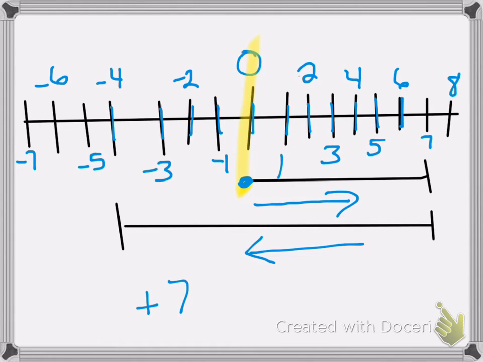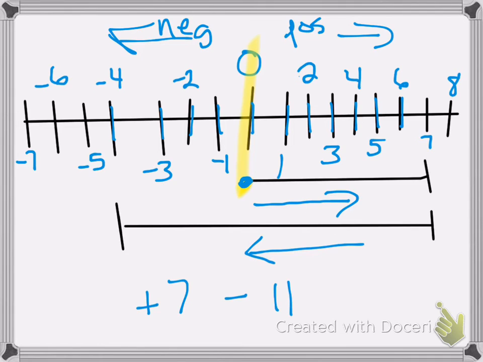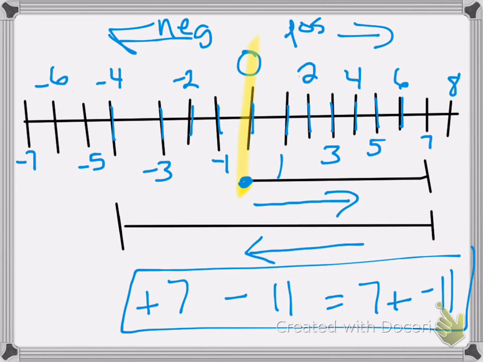So if you go to the left, left is negative, right is positive on a number line. So since I went to the left, that's minus 11. Or you can write it 7 plus negative 11.